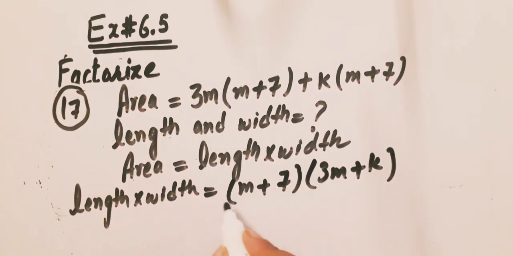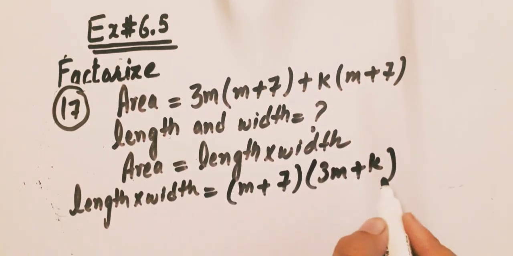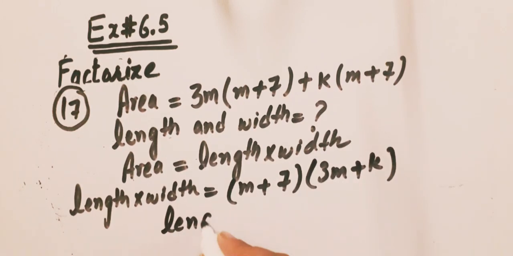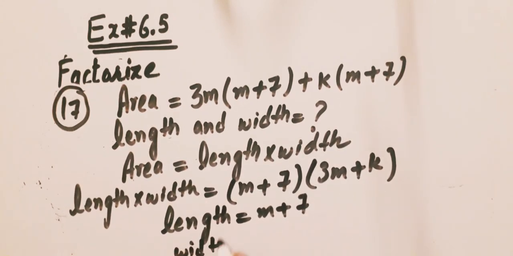So length is equal to m plus 7 and width is equal to 3m plus k. You can also consider width as m plus 7 and length as 3m plus k. So this is the answer.